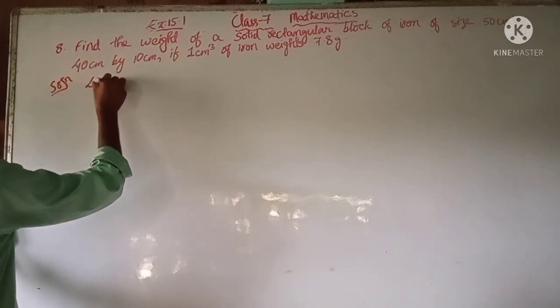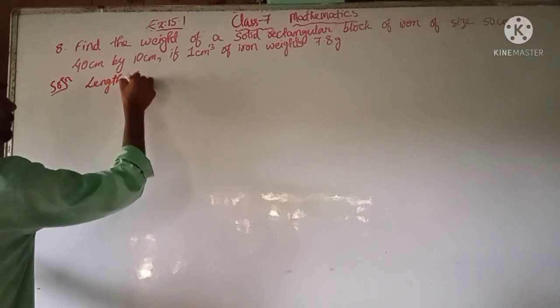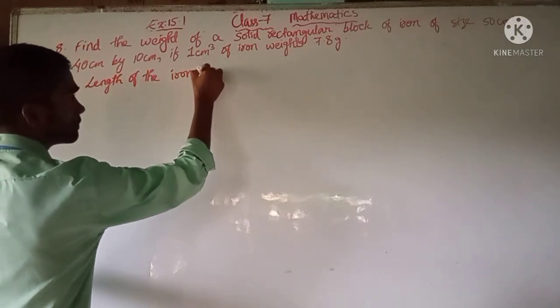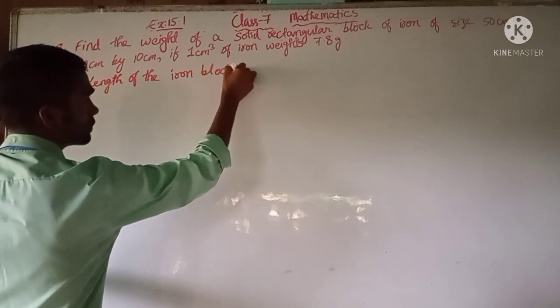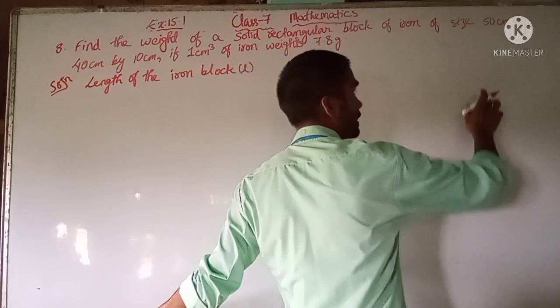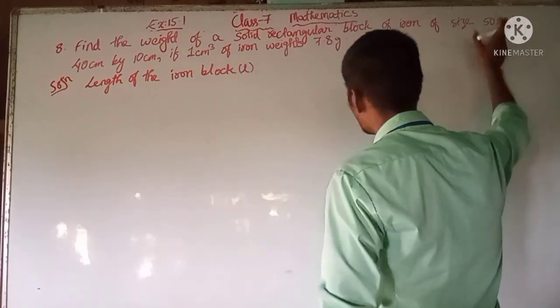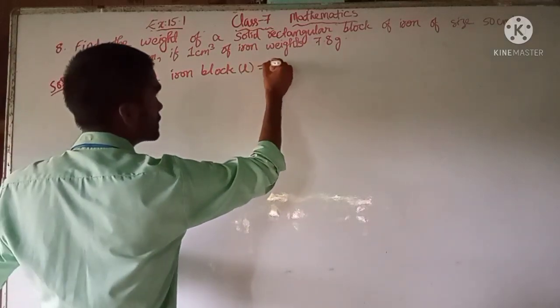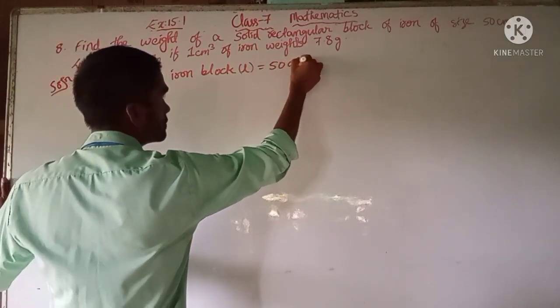First, length of the iron block, that is L. Length into breadth into height we are discussing about. So this will be the length, this will be the breadth, and this will be the height. So L is equal to 50 centimeter.